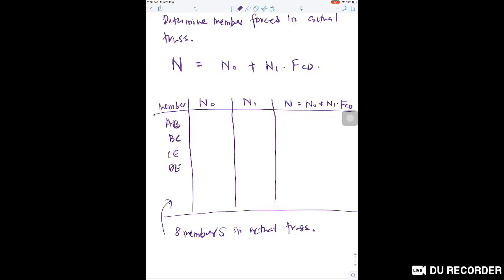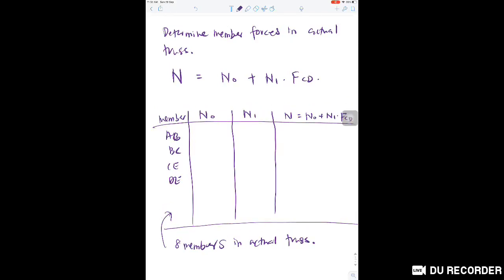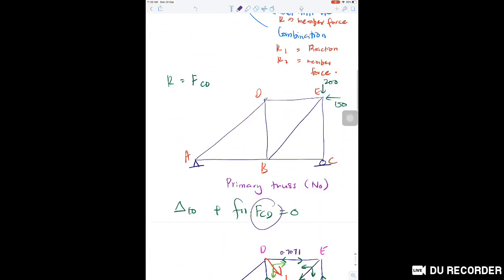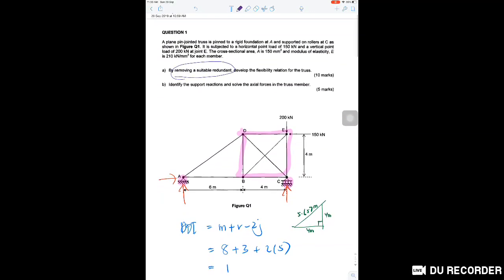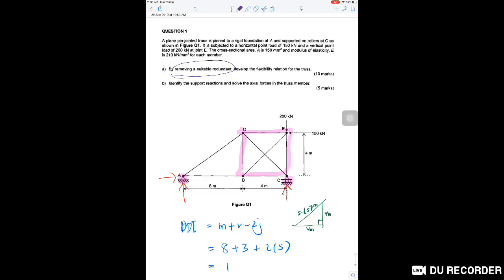Okay, so then it is the end of analysis of indeterminate truss using flexibility method. Okay, I will just go through it again. So support reactions are AY, AX and CY.